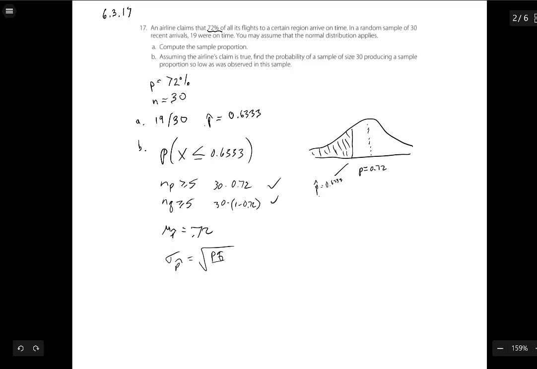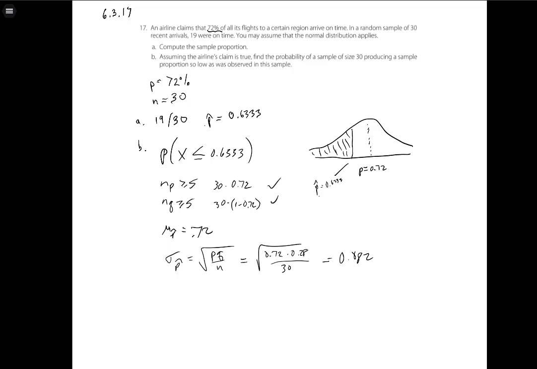So in this case, the square root of 0.72 times 0.28 over our sample size of 30, which equals 0.082.